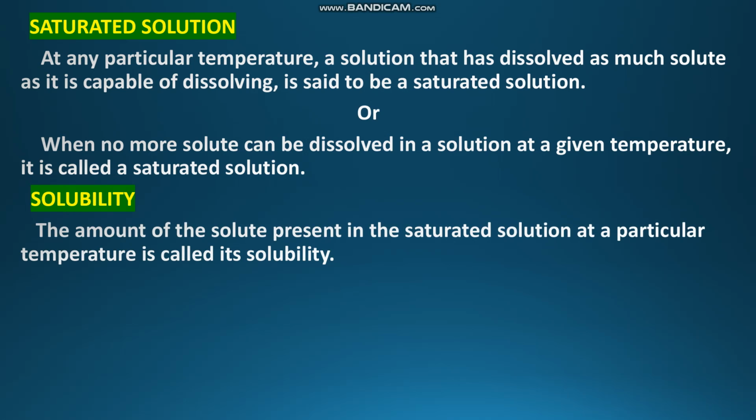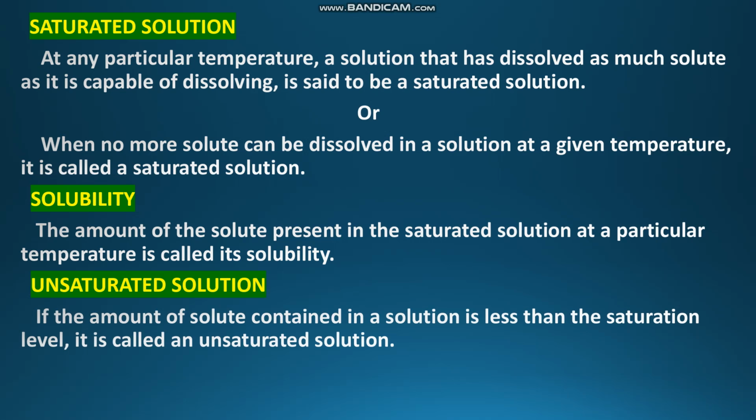Solubility means how much solute is present in a saturated solution at a particular temperature. So we can define solubility as the amount of the solute present in the saturated solution at a particular temperature is called solubility.